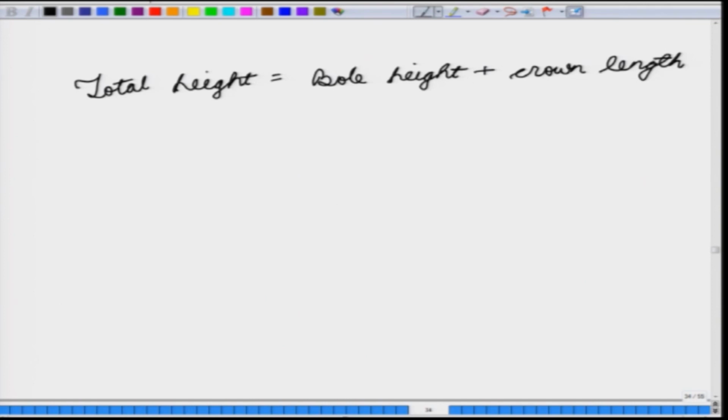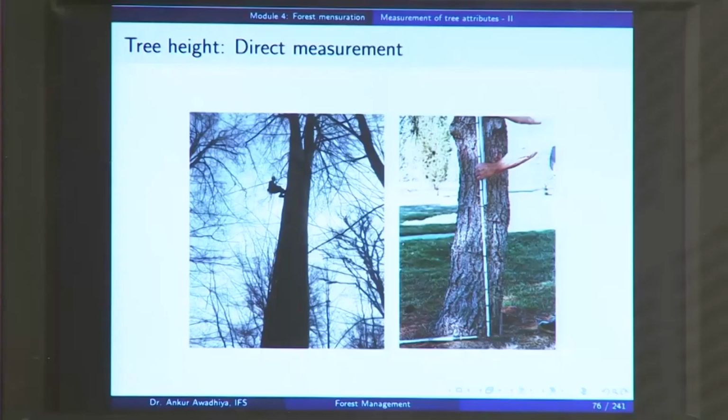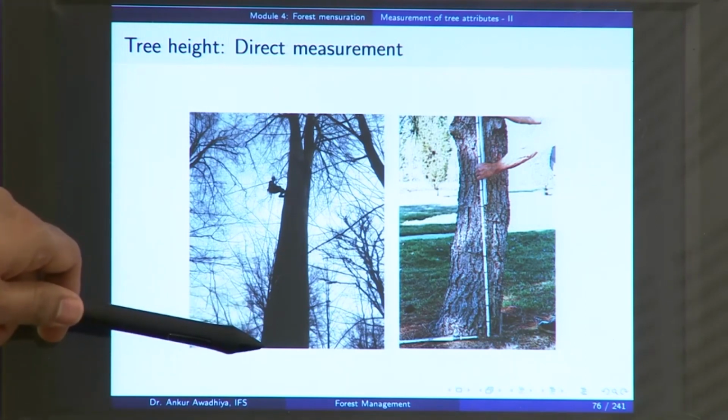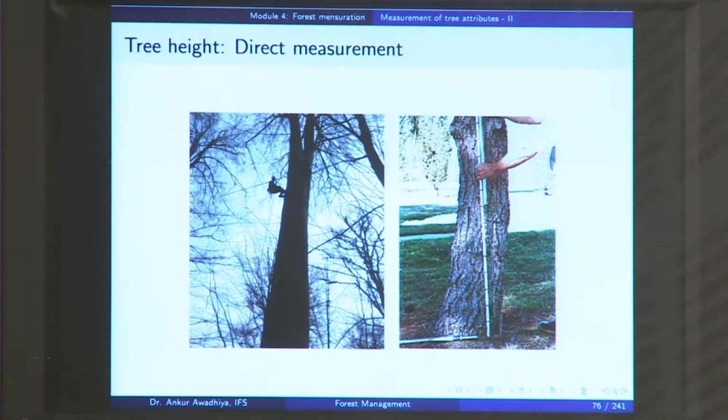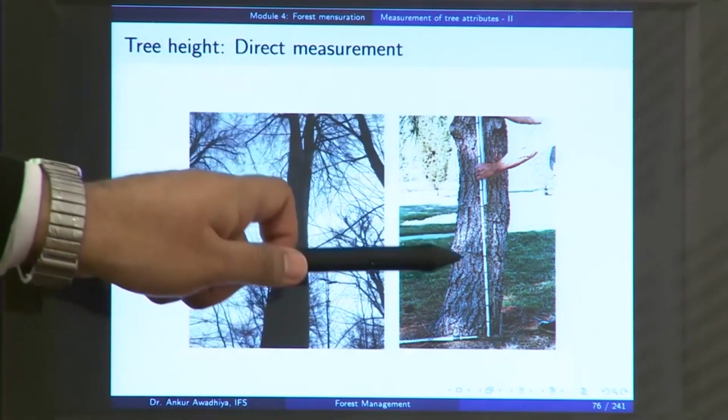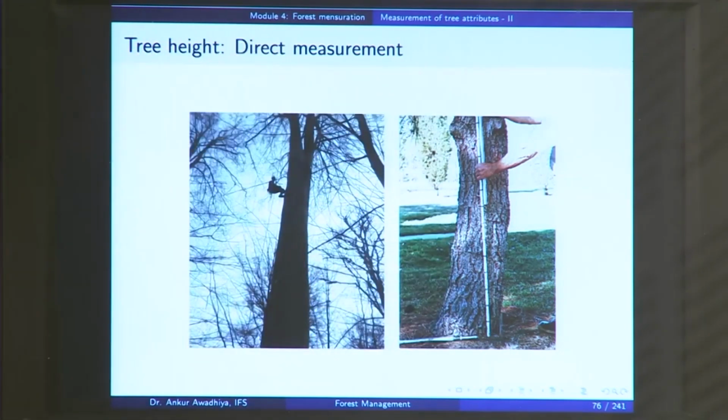Now, in the measurement of the height of a tree, we have two different options. The first option is known as a direct measurement. In a direct measurement, you place an instrument along the trunk of the tree and measure the length of the instrument till the height you want to measure. In the case of trees of shorter height, we can just make use of poles, which can be extended.